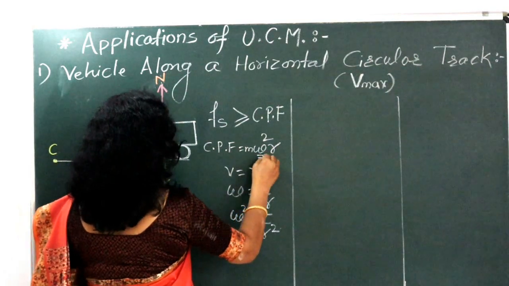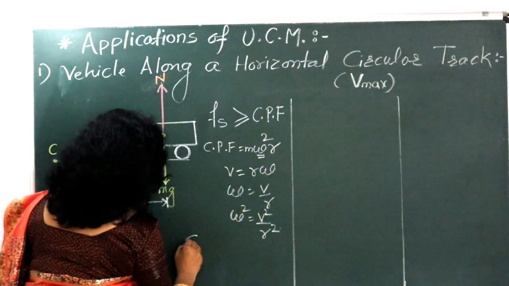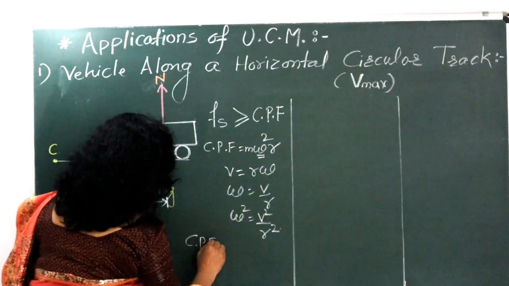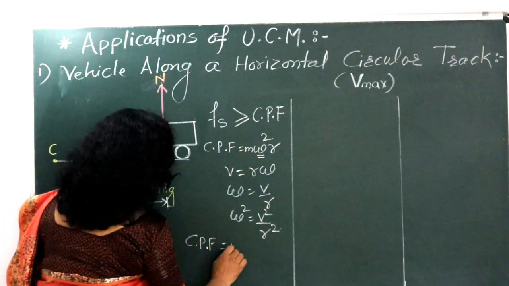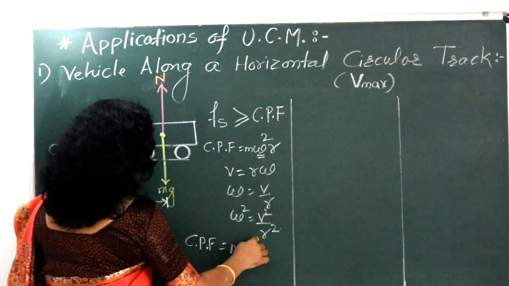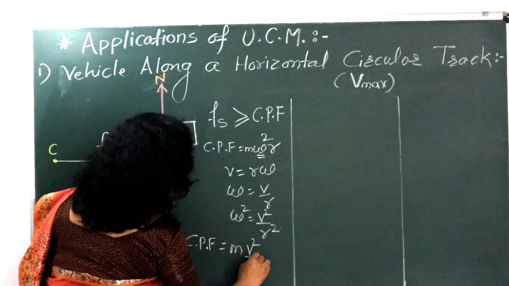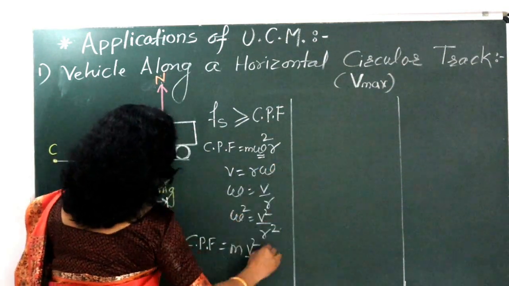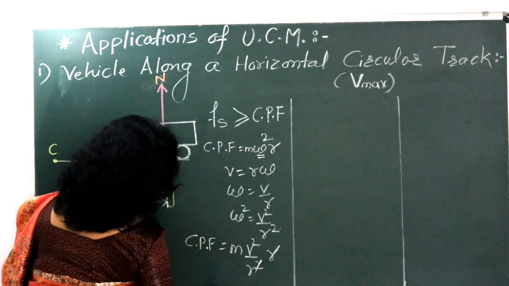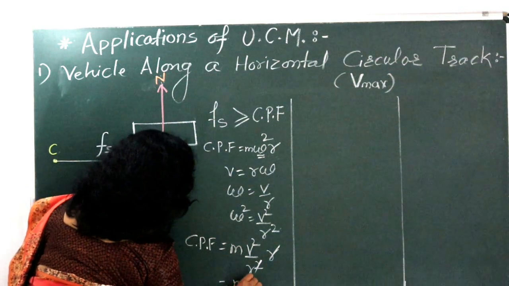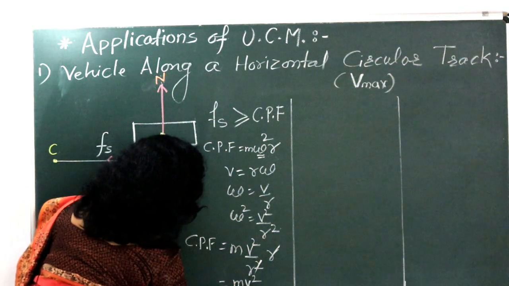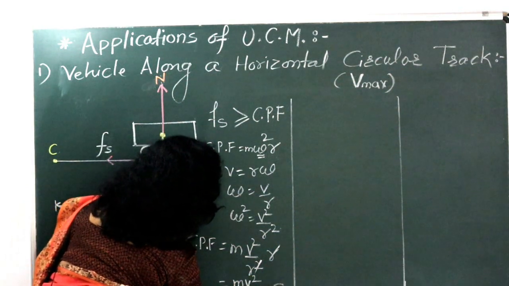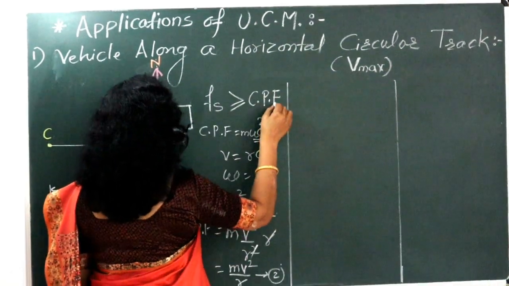Substitute this value in this relation, therefore centripetal force is equal to mass into omega square, that is v square upon r square, into r, this r gets cancelled, that is m v square upon r. This is equation number 2. The condition above is equation number 1.